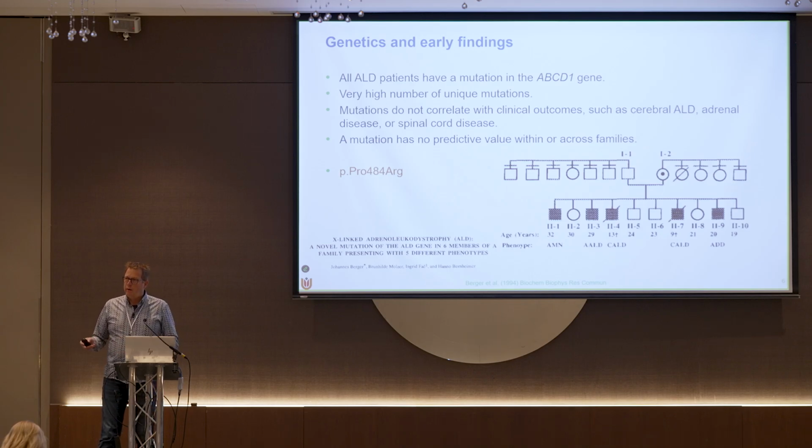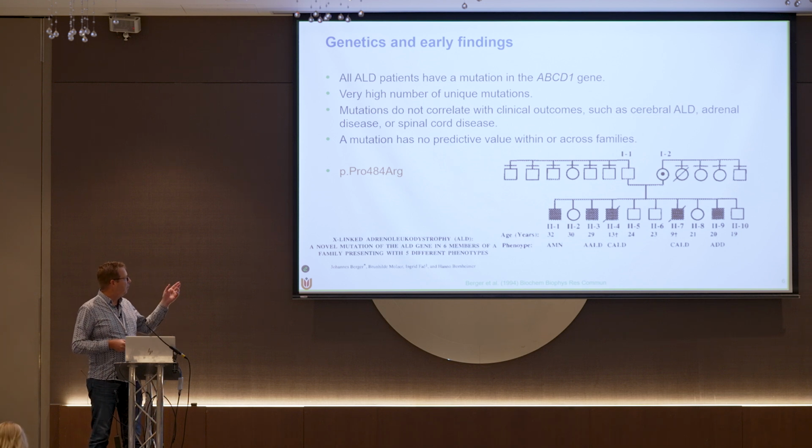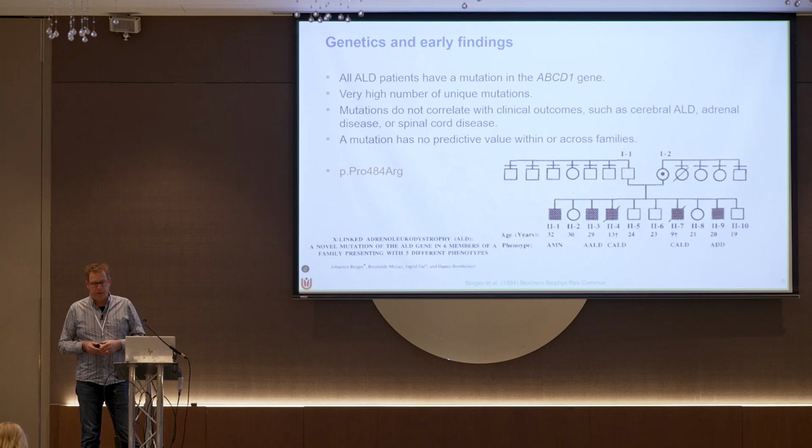What was also striking is that within a family, by definition, everybody has the same mutation because it's inherited. But within these families, we could see males with very different clinical outcomes. This is shown here in a paper from Johannes Berger from Vienna in 1994. This is a very large pedigree, and all the squares are males and the circles are females.